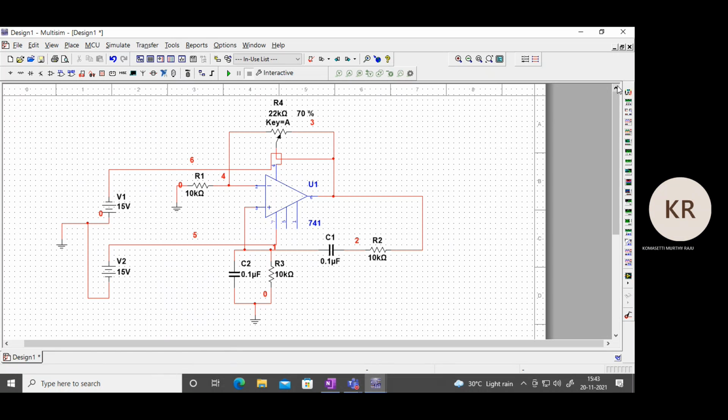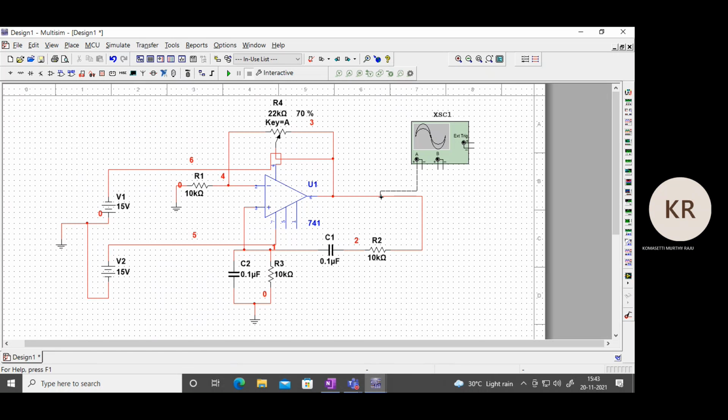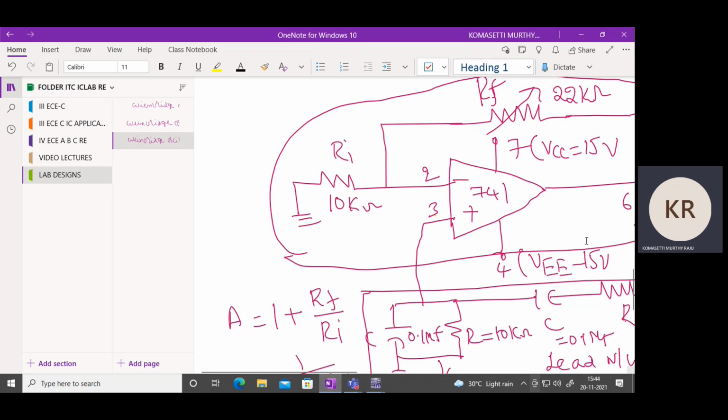Now I will concentrate. I will pick up one more one, that is the oscilloscope. Here single oscilloscope here. Positive one here and the negative is connected to ground. Here 22 we will require in this diagram.